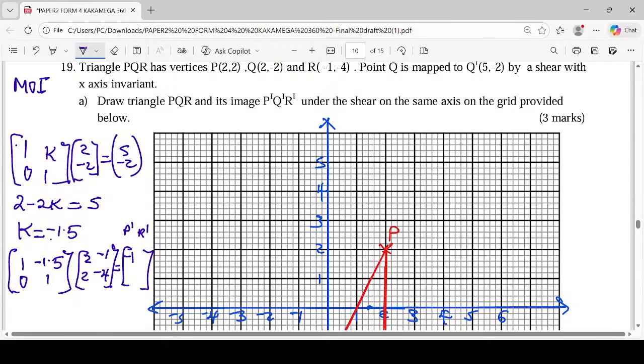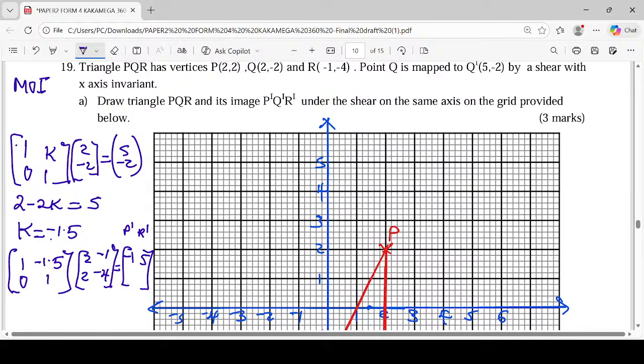Then 1 times 1 times -1 plus -1.5 times -4. That gives you 5 here.